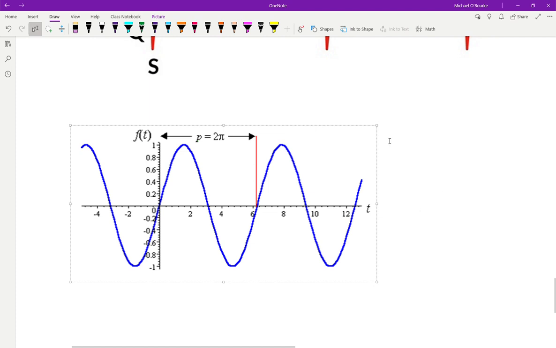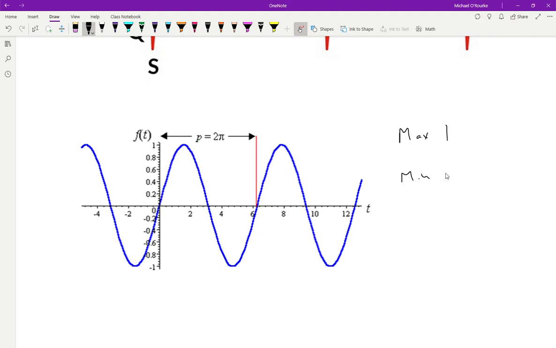Because if you think about this, our max was 1, our min was -1. So max minus min is actually 1 minus -1. And these two negatives create a positive. So 2 divided by 2 equals 1. Okay? 1, right? So our amplitude is 1.